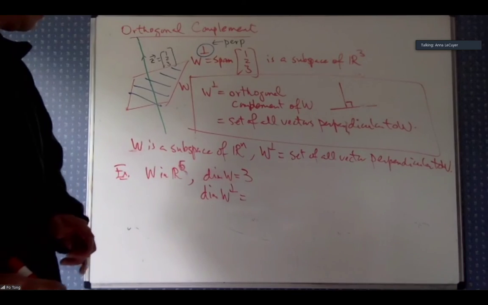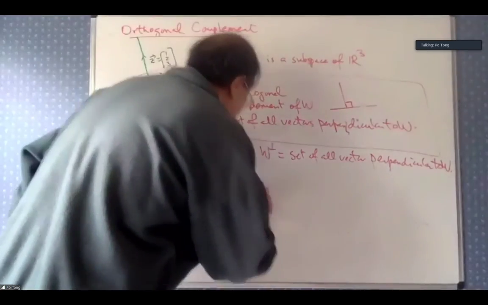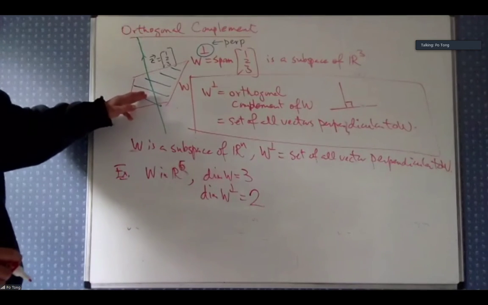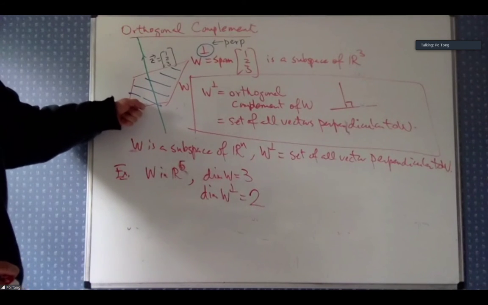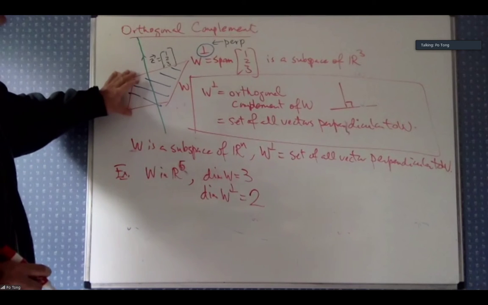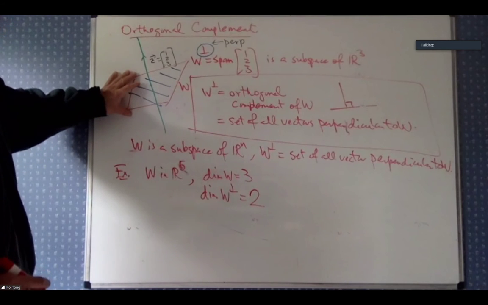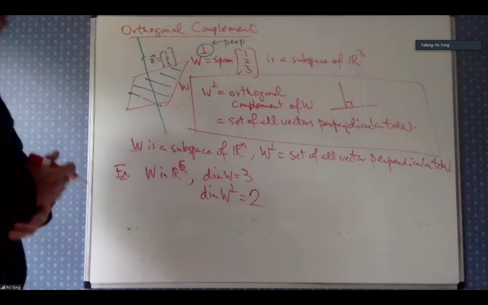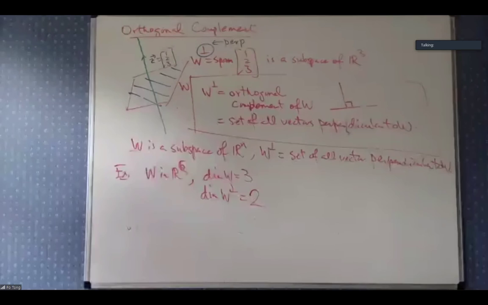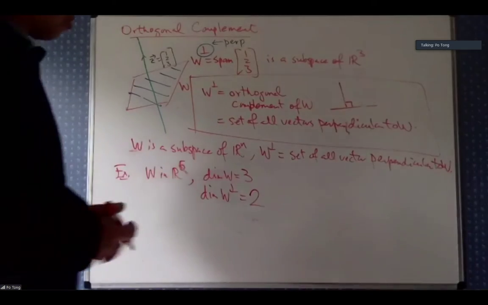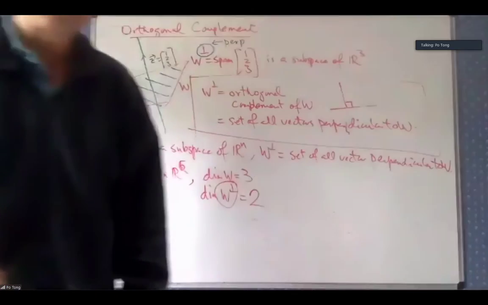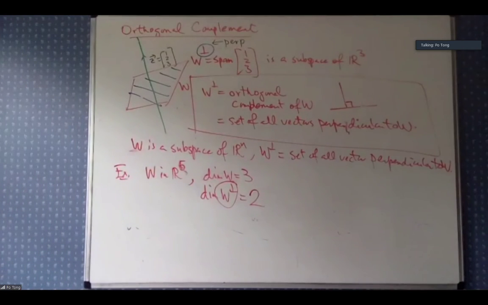Is it 2? Yes, Anna. It's 5 minus 3, just like here. We will talk about this a little bit more. I just want to give you some intuition. So W perp will be a 2-dimensional plane in 5-dimensional space.